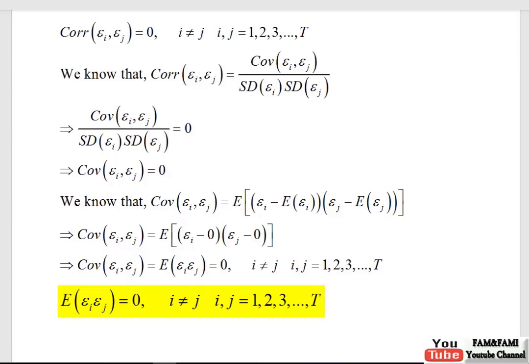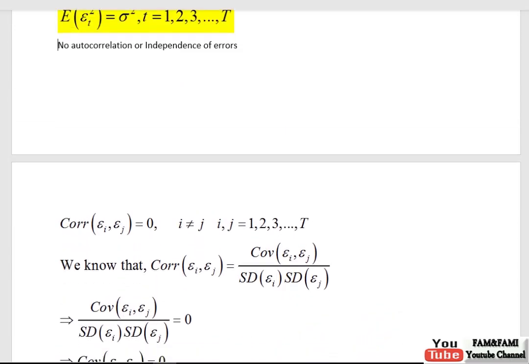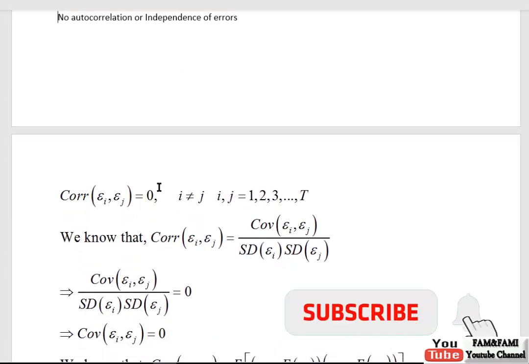By the way, one more clarity. The question is why i should be different from j. The idea is that if i and j are equal, like if i takes value 1 and j also takes value 1, then we have the correlation of epsilon 1 with epsilon 1.